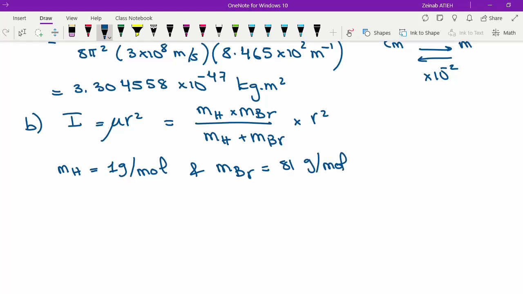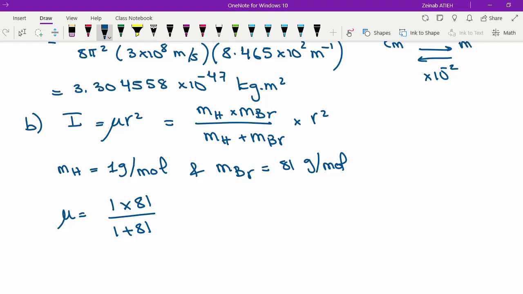Remember, these numbers 1 and 81 are the atomic masses of H and Br. So if I substitute this in the reduced mass, I will get 1 times 81 over 1 plus 81. The unit of this will be gram per mole.